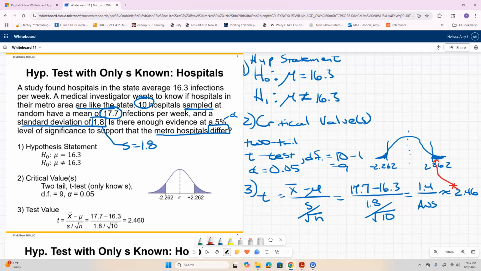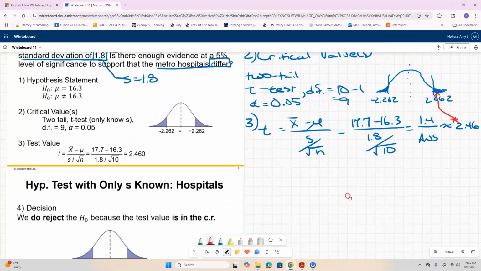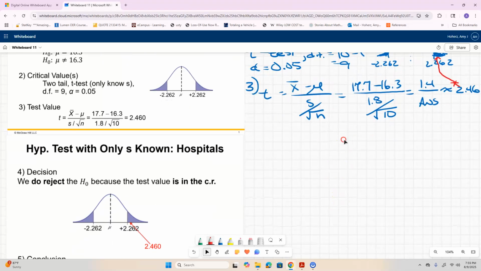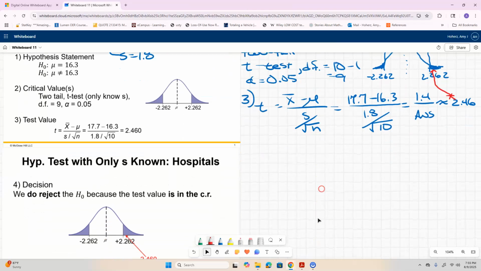So what we're saying by that is 2.5, almost 2.5 standard deviations away from average, which would be fairly unexpected even from a sample. You expect a sample to not be right on the average, but this one is high enough above the average that it's unusual, and we're going to then reject the null hypothesis and support the claim that the hospitals in his area are different.